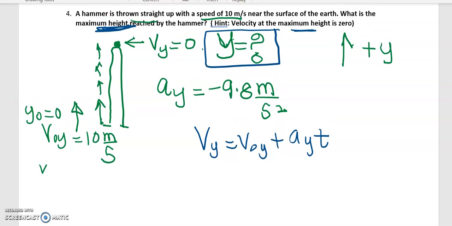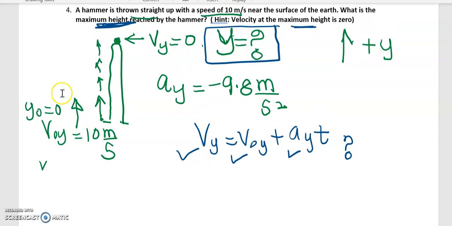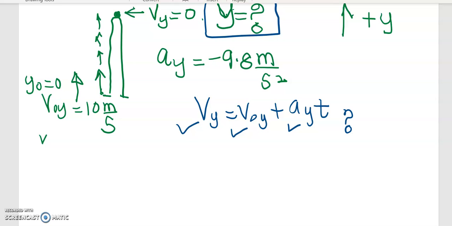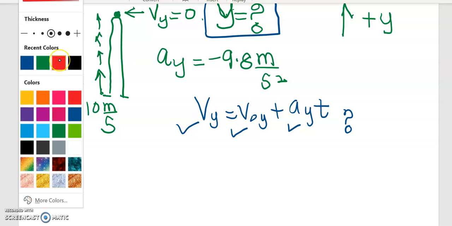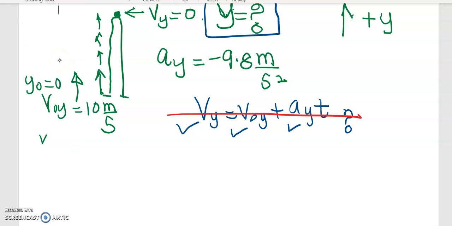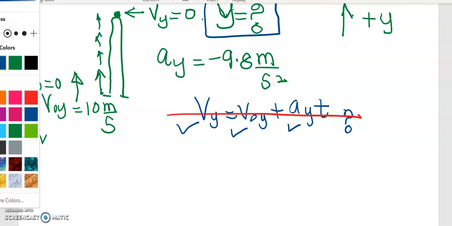So if you look at this equation, guys, we do know the final y velocity. We do know the initial y velocity. We know the acceleration. We don't know the time. But are we solving for time? No, we are solving for maximum height. So this doesn't help us. Let's cross it out.